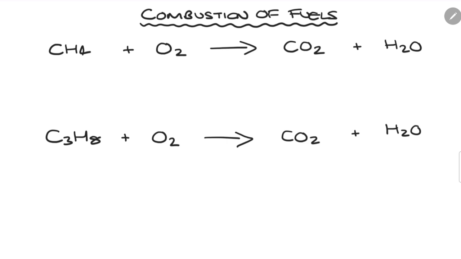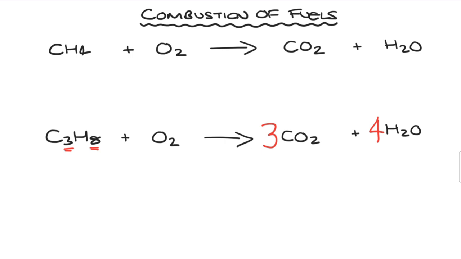However, if we were to try and balance these equations, we would have 3 atoms of carbon here, leading us to require 3 molecules of carbon dioxide. We have 8 atoms of hydrogen here, requiring us to balance that with 4 molecules of water.